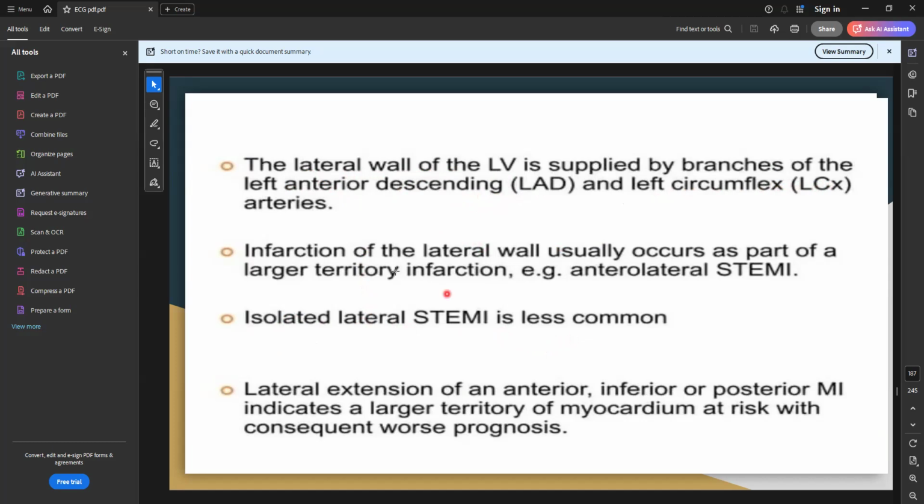Most of the time, infarction of the lateral wall occurs as part of other larger infarctions like anterolateral STEMI. You will find lateral wall STEMI as an extension of either anterior, inferior or posterior wall MI.